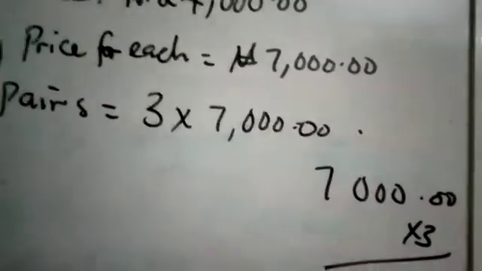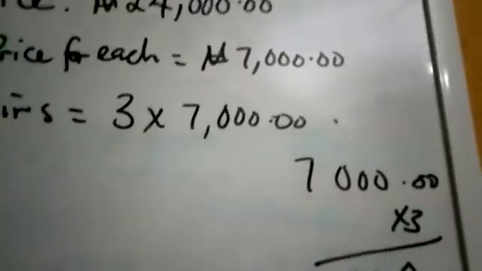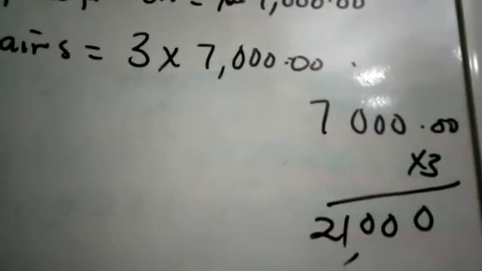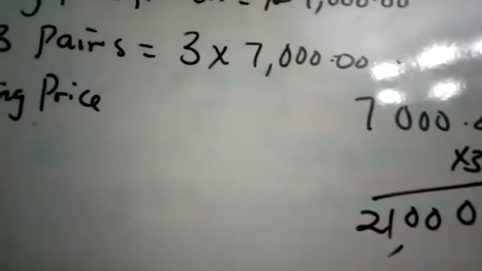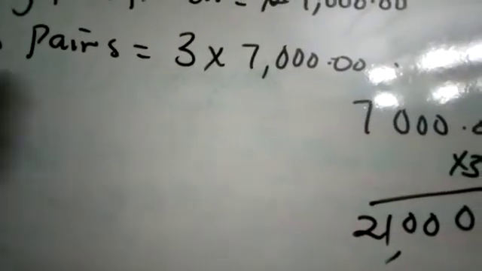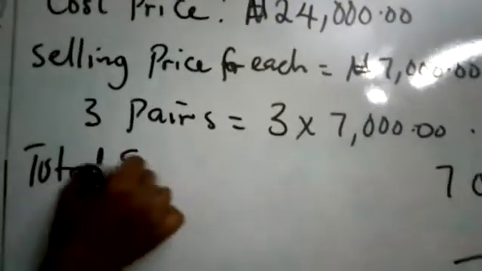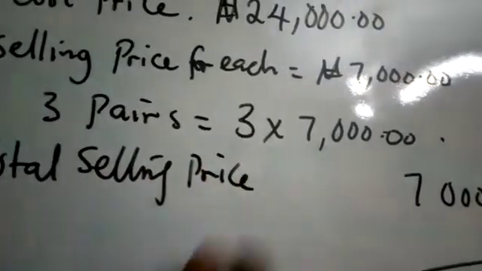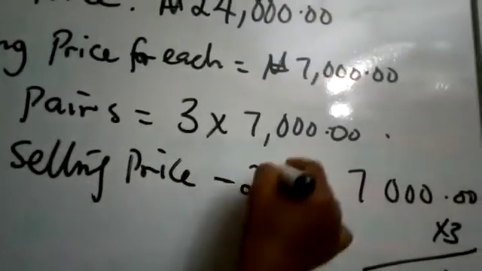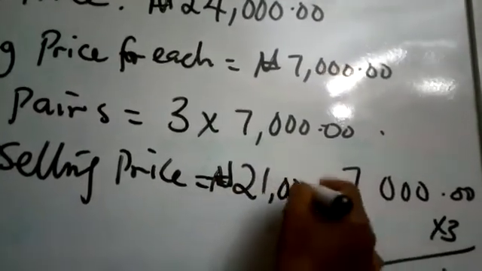This gives us 21,000. So we have 21,000 to be the total selling price. So the total selling price is equal to 21,000 naira.